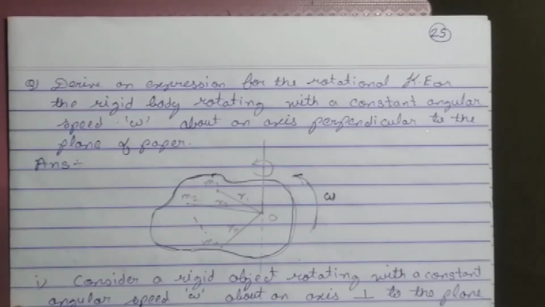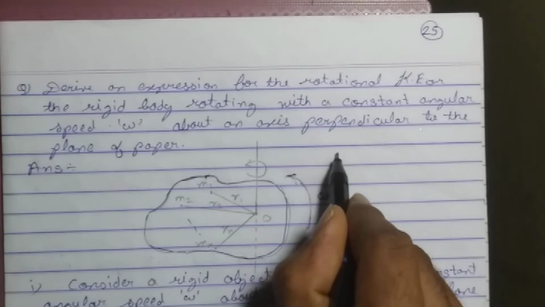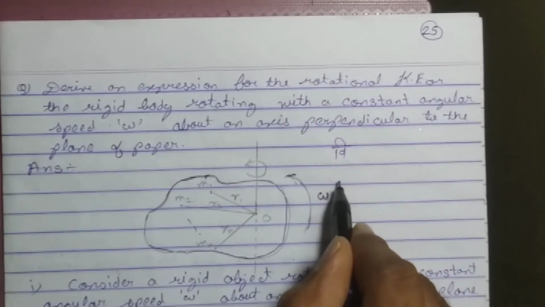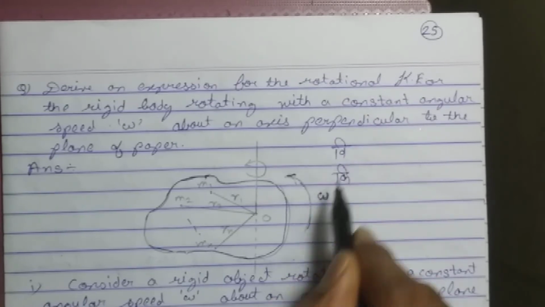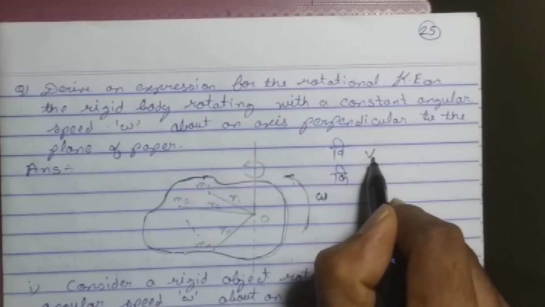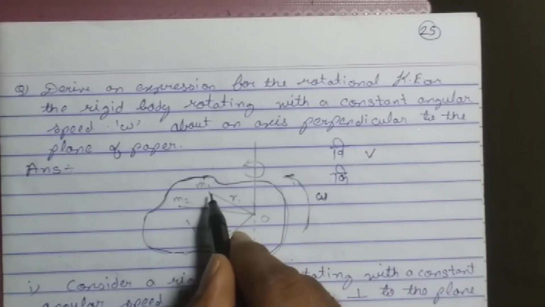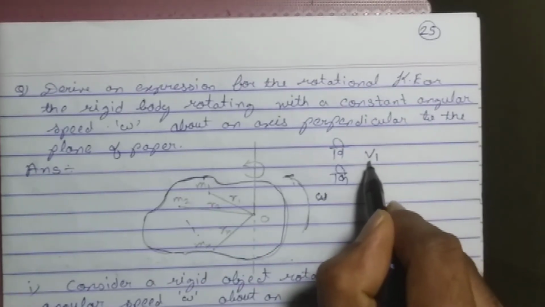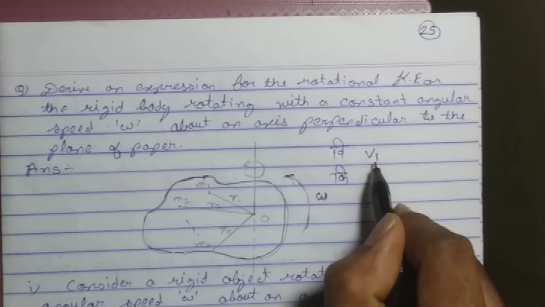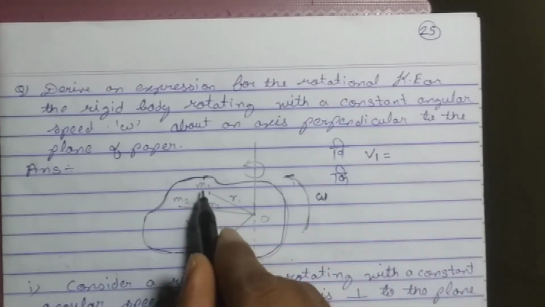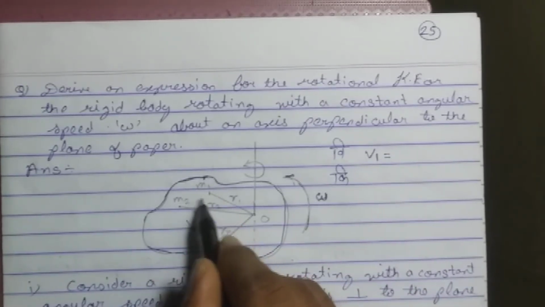Students, we are going to use one keyword to find the kinetic energy of each particle. The keyword is V. V here stands for velocity. Since first I will find the kinetic energy of the first particle, I will find the linear velocity associated with the first particle of mass m1.